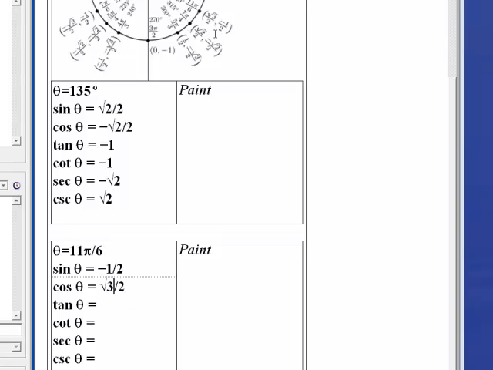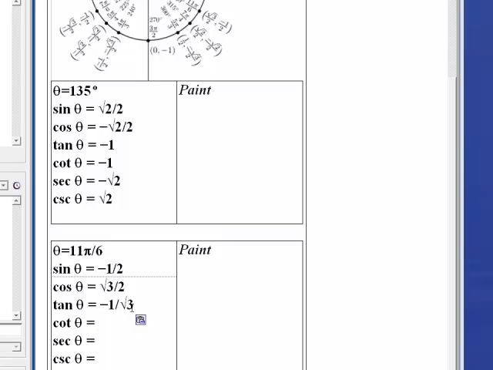The tangent is the y divided by the x. So negative 1 over 2 divided by square root of 3 over 2. The 2's are canceling, and we have negative 1 over the square root of 3.